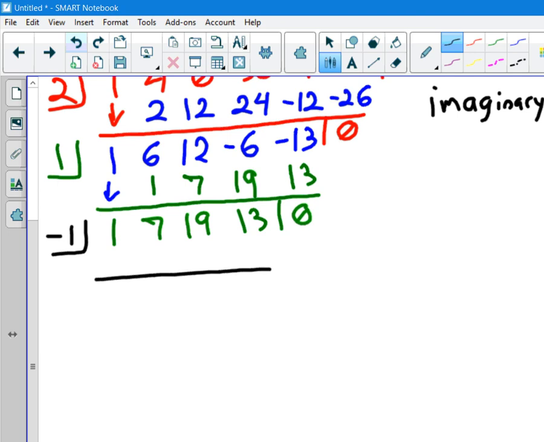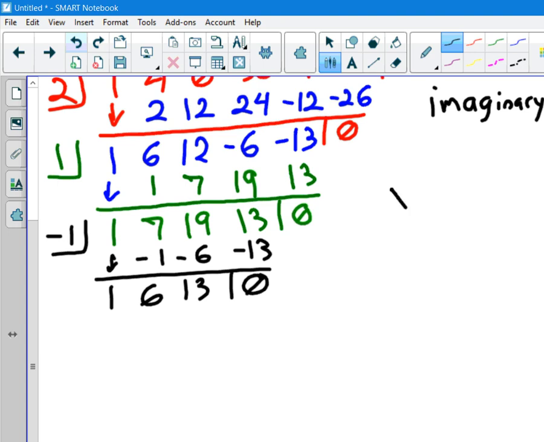So 1 times negative 1 is a negative 1. Plus 7 is 6 times negative 1 is a negative 6. Plus 19 is a positive 13. And then times negative 1 is negative 13. And when you add 13, you get 0.